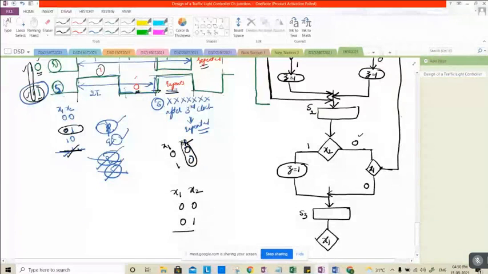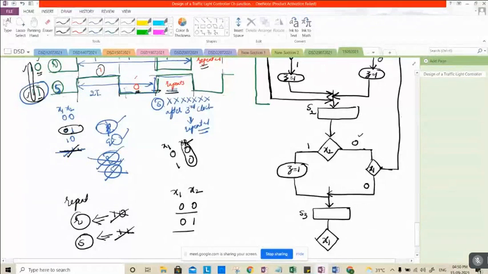Only these two conditions need to be generated. So for 1 0 condition it is not required. For 1 1 condition it is not required. Why? Because 1 0 is associated with R and 1 1 is associated with S. These are already getting repeated in the loop, and hence we are supposed to generate only the signals for 0 0 and 0 1.